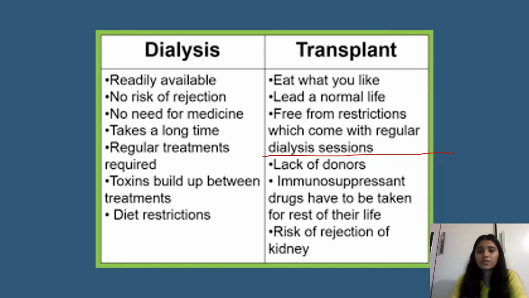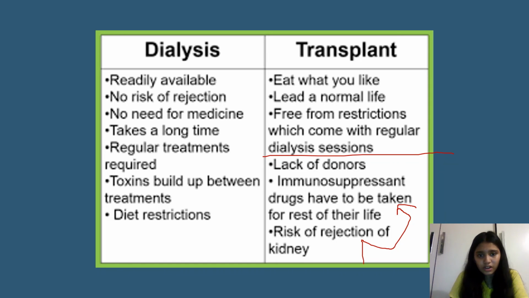So immunosuppressant drugs will have to be used, and that's not a very good option at all. That's one. And then you have the risk of rejection of the kidney. And sometimes transplants are not accepted by social customs. Okay, so they may be expensive as well.